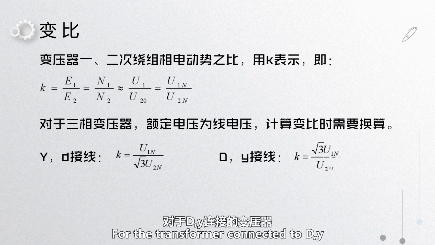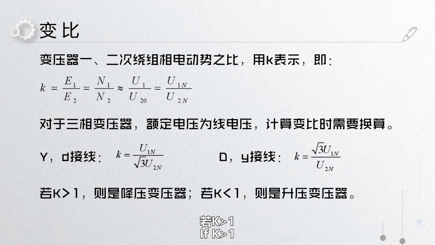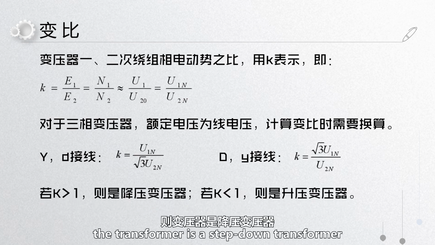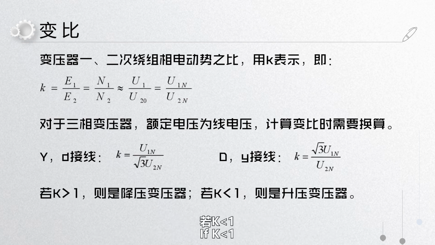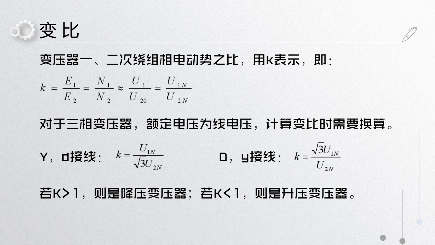For the transformer connected to DY, K equals the square root of 3 times U1N divided by U2N. If K is bigger than 1, the transformer is a step-down transformer. If K is smaller than 1, the transformer is a step-up transformer.